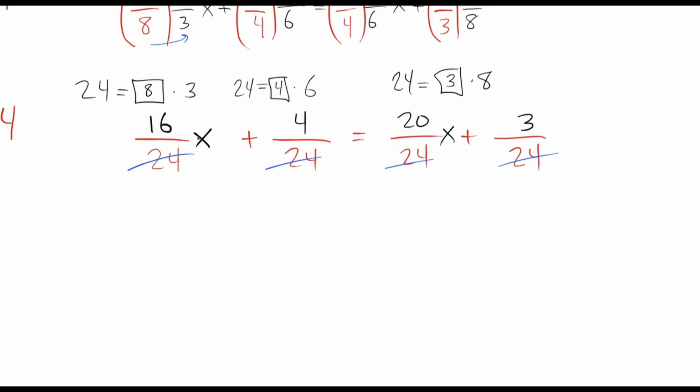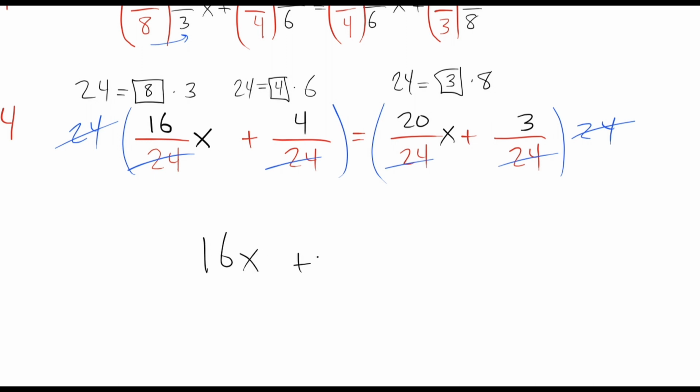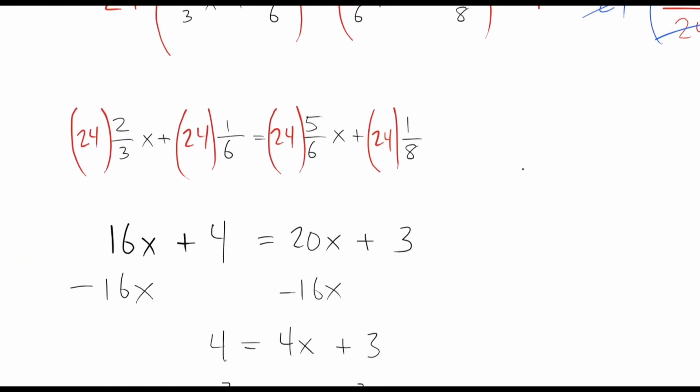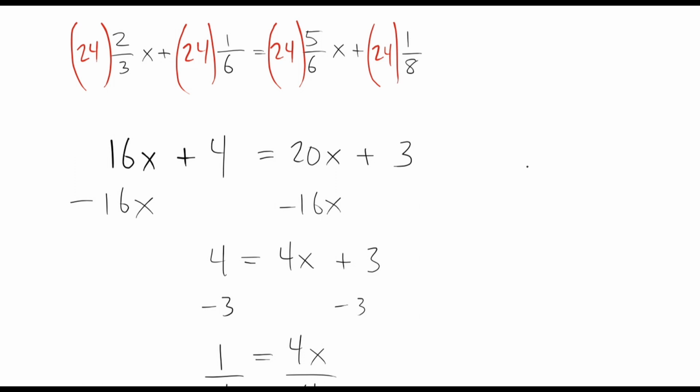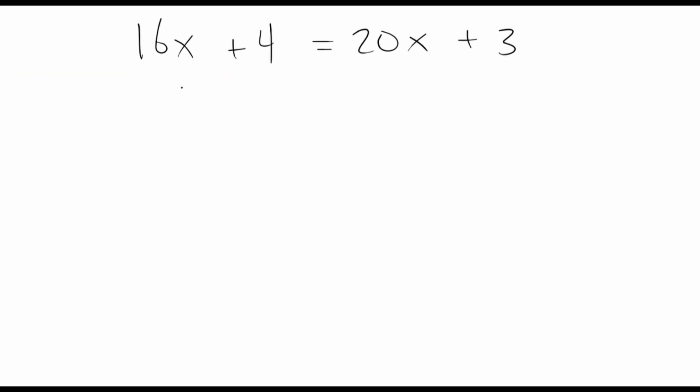In an equation, when you have everybody being divided by the same thing, you can get rid of it just like you would if you were to multiply all sides by 24. Those 24s would now cancel with the 24s below. So you'd get 16x plus 4 equals 20x plus 3. Obviously that is the same equation as what I found on the left, so it's going to have the same solution.